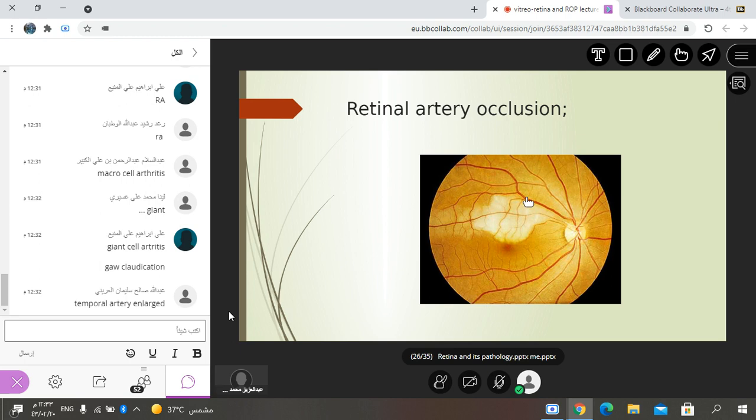If you feel it, there is tenderness and you can feel a rope-like structure, a thickened temporal artery. And as you mentioned, a biopsy confirms it. How will you do the biopsy? Is there any special precaution in the biopsy in this disease?